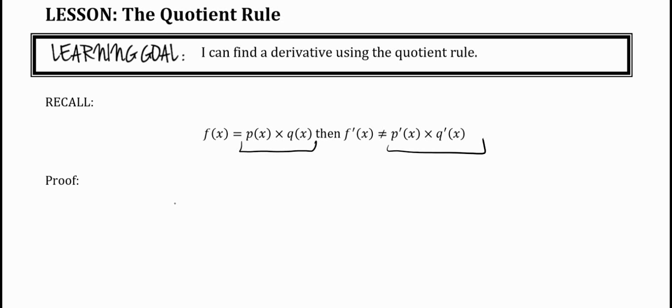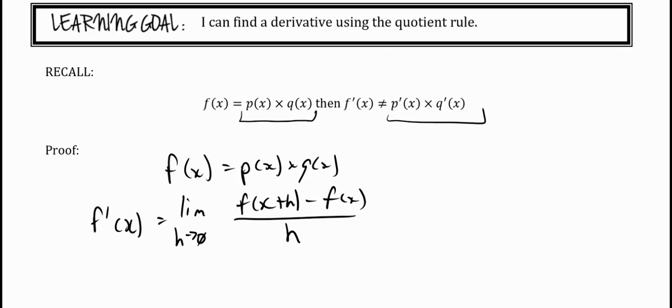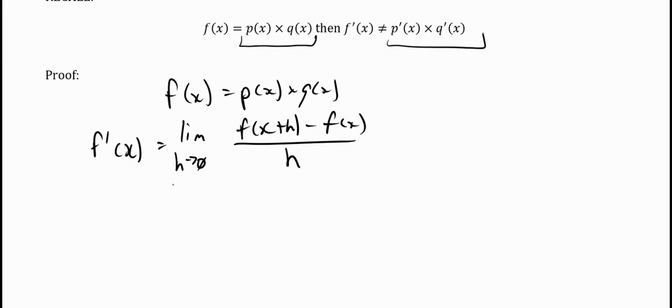Okay, so let's get started. P and Q are differentiable, and f at x equals p at x times q at x. So, f prime equals the limit as h approaches 0 of f at x plus h minus f at x all over h. Same thing as the previous proof.